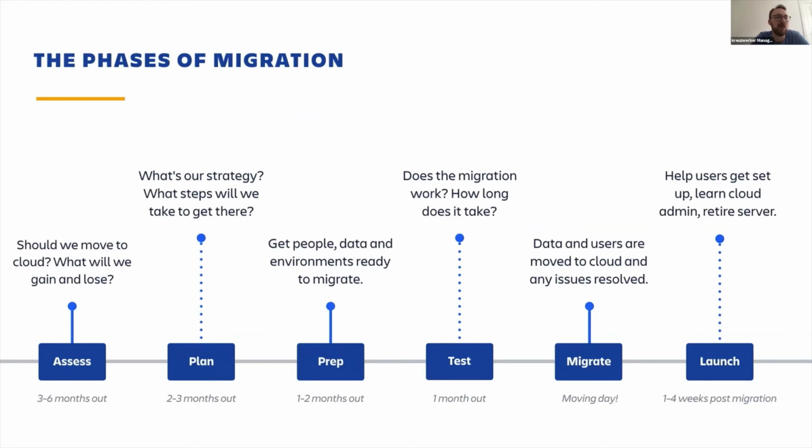If you're looking at the different phases of a migration, you should first decide how you want to move to the cloud, like what is your main goal by moving to one of the Atlassian native cloud offerings. You need to prep in terms of what data you want to migrate, what state that is in, how long the migration will take, and plan for the migration day, involving the Atlassian support team, which also added a weekend support a while ago for migration.